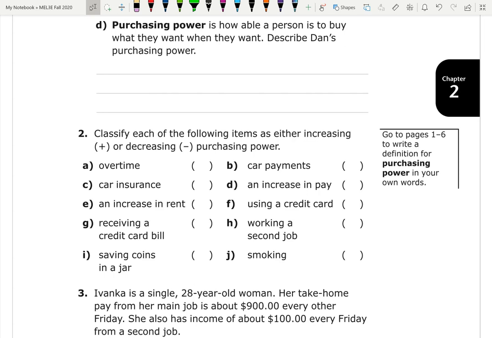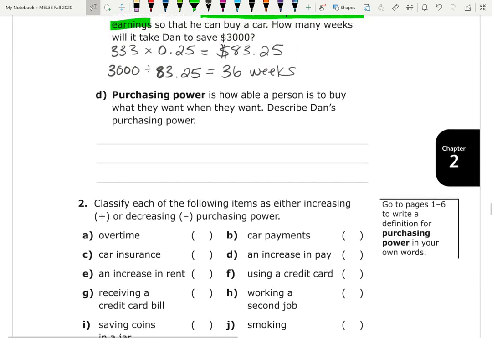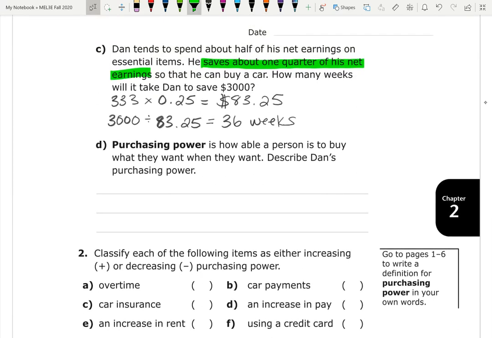So describe Dan's purchasing power. Okay, well, it says up here that half of his net earnings go to essential items. And then in green highlighted, he saves 1/4. So half is going to essential items, 1/4 is going to his savings.